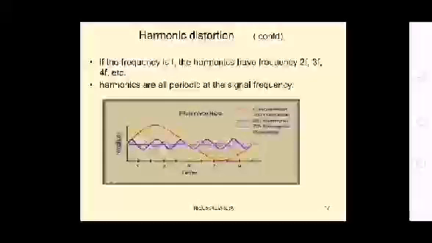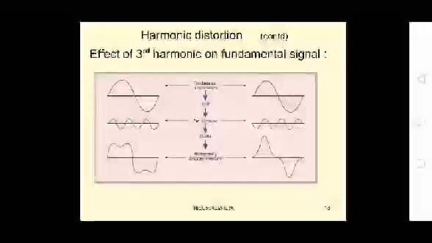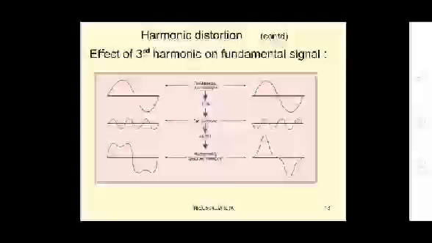yellow color signal. Suppose here we see the fundamental pure sine wave. In the first diagram it is the fundamental pure sine wave, then we are adding the third harmonic signal, so this is the third harmonic signal. Then you get your harmonically distorted waveform.